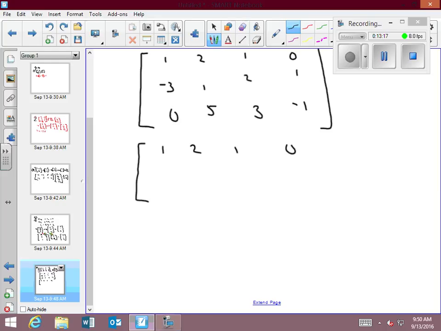Then I'm going to take positive 3 from the first and add it to the second, because I'm going to make zeros. Positive 3 up here, 6, 1, 7, positive 3. And then 2 is positive 3. And then the next one, just put this down.